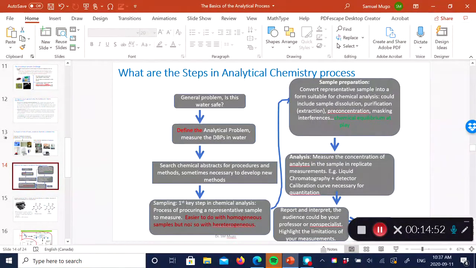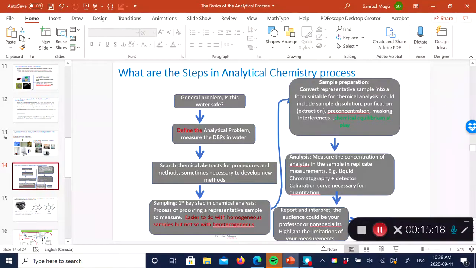But yet you still have the possibility to sample different locations in that river. If you're dealing with, say, a soil sample, which is heterogeneous, you have to think about how to sample in a way that you create a representative sample so that you can give a good result of what you're looking for.